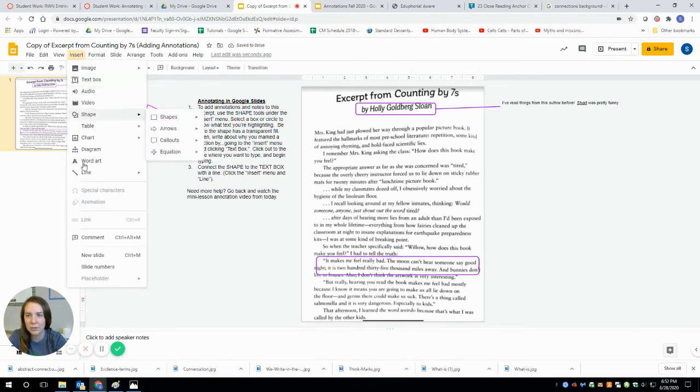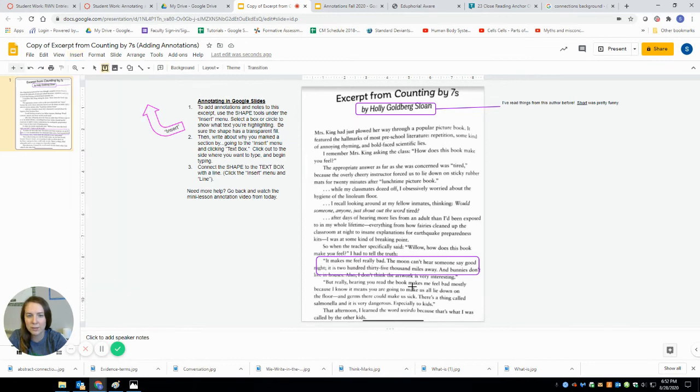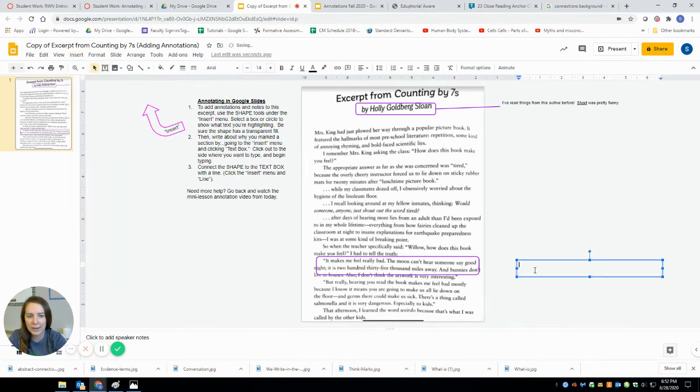I'm going to go to Insert, Text Box, click out to the side, and I'm going to type, oh my. So I'm writing my thoughts. Something that popped into my head when I read this for the third time was, oh my, this person, whoever our narrator is, takes things very literally, meaning she takes things at face value.